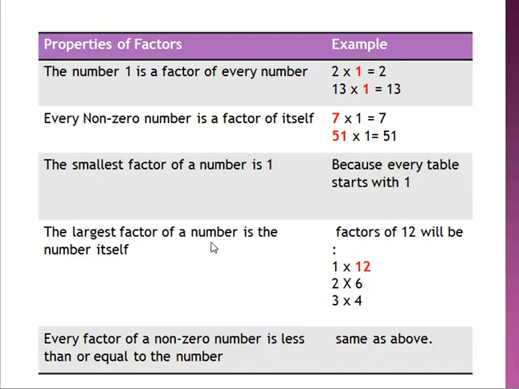The largest factor of a number is the number itself. Every factor of a non-zero number is less than or equal to the number. Make sure it's a non-zero number, and then the factors start with 1 and go up to the number itself.